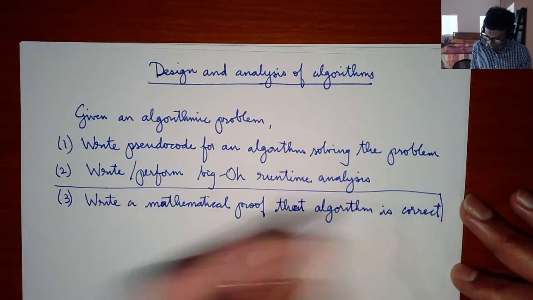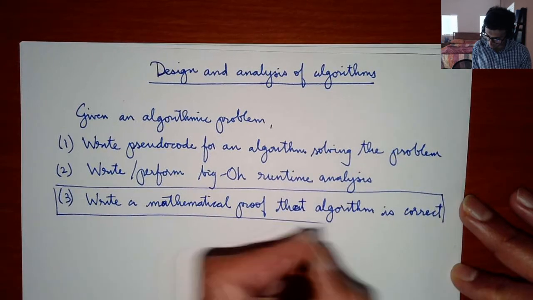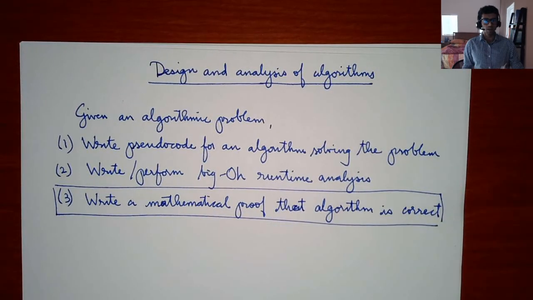Now, as I said, I will talk a little bit about this, maybe in a few lectures, but this is not something that I'm going to expect you to do in this course, although it does become an important part of the mathematical analysis of algorithms. So let me start with a simple example, and we'll go from there.